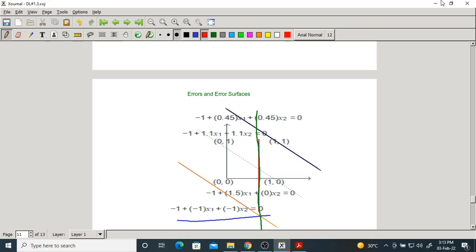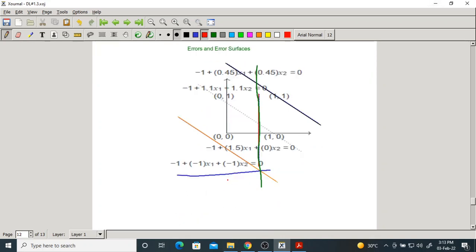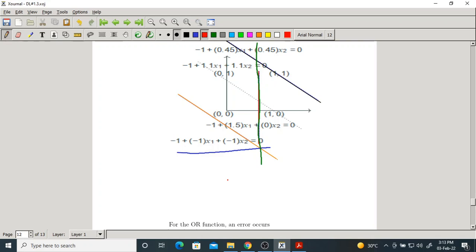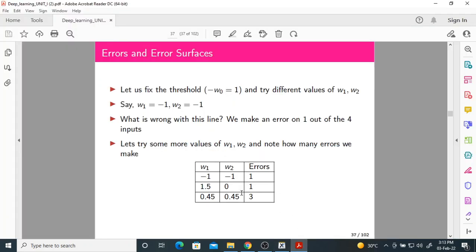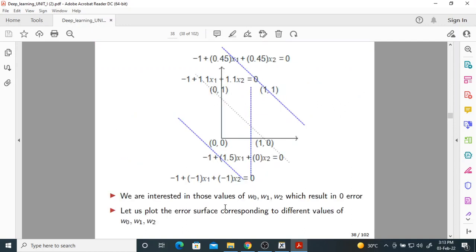Is it okay? Now in this way you can find out the number of errors depending upon the values of the weights. In the table I have mentioned all the errors. So depending upon the values of W1, W2 we are getting some errors. But ideally we wish to have 0 errors.